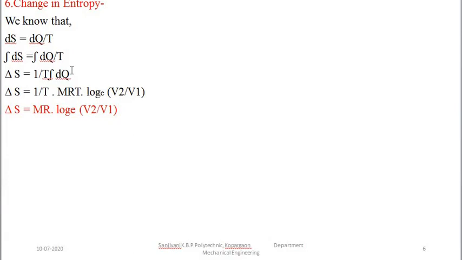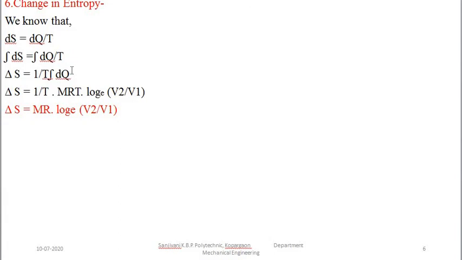So for the total heat transfer we use the formula mRT into log to the base e of V2 upon V1, because we have T in the denominator, 1 by T. So T gets cancelled in the equation, and we get the final equation to find out the change in entropy: delta S is equal to mR into log to the base e of V2 upon V1.